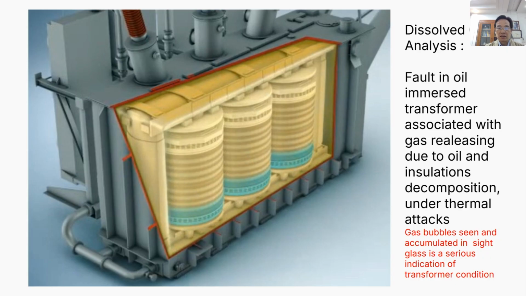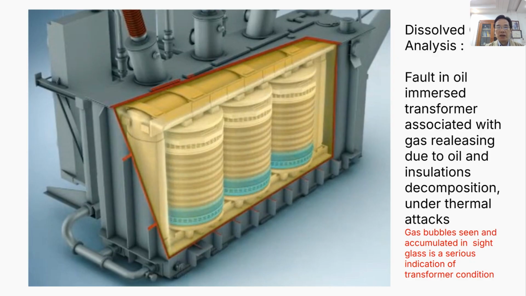But in some critical situations, the oil is not able to contain all the gases generated from the fault. So in that case, we may see some gas bubbles in the oil.